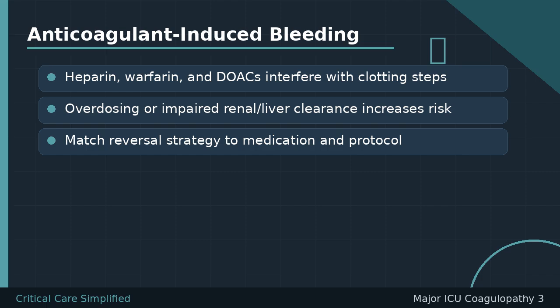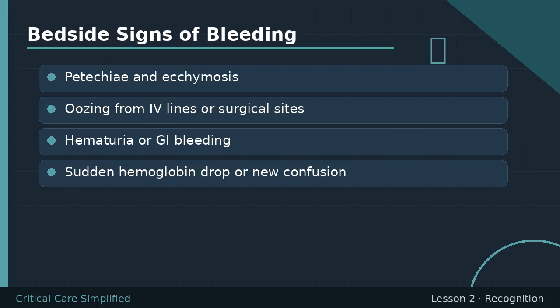The result is a patient who may still be bleeding even while receiving blood. The third is anticoagulant-induced bleeding. Medications such as heparin, warfarin, and direct oral anticoagulants interfere with clotting. When dosing is excessive or when renal or liver dysfunction reduces drug clearance, the balance can tip toward dangerous bleeding.